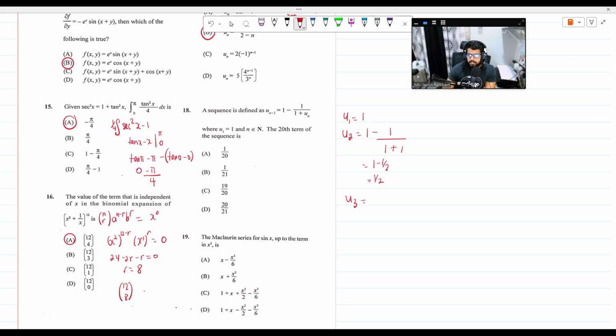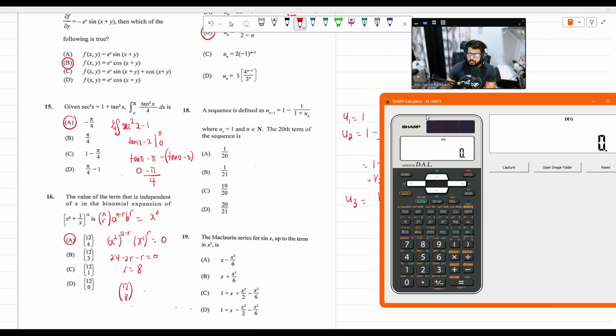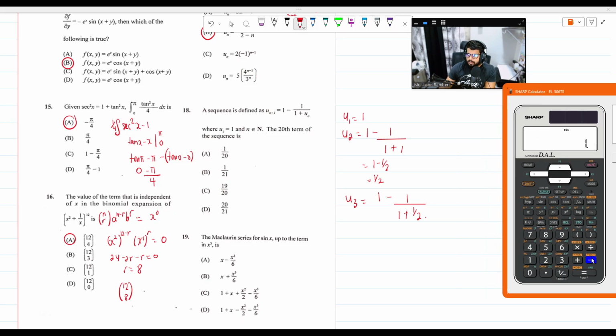Then u3 is equal to 1 take away 1 over 1 plus a half, which is, I'm going to punch this in my calculator, right? 1 take away 1 over, open brackets, 1 and a half, and I get a third.